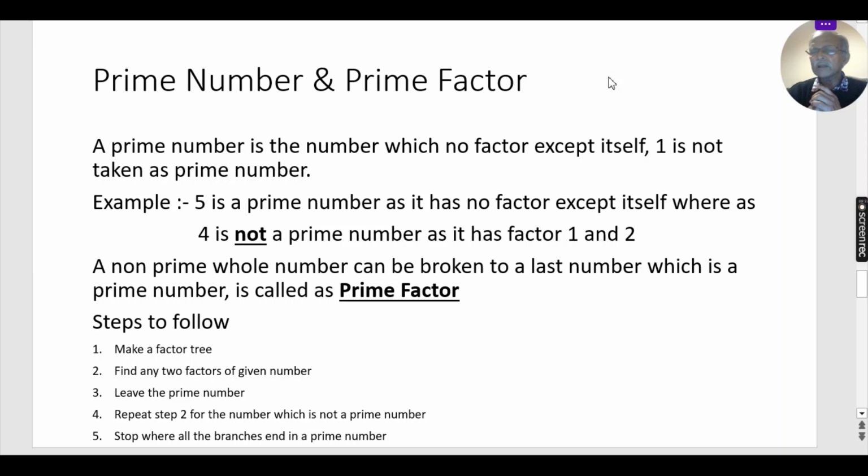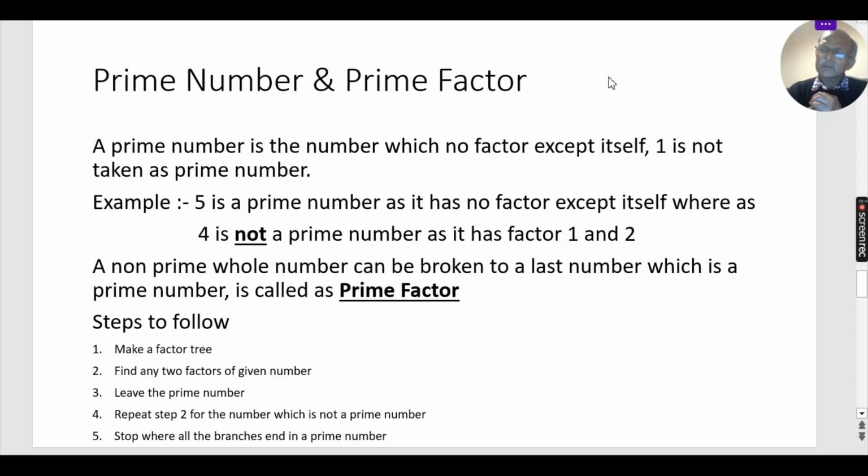But remember here, 1 is not taken as a prime number. For example, if we have 4, it has factors 2 into 2 and 1. 4 into 1 is 4, and 4 can be written as 2 into 2. So it can be factorized, so it is not a prime number.